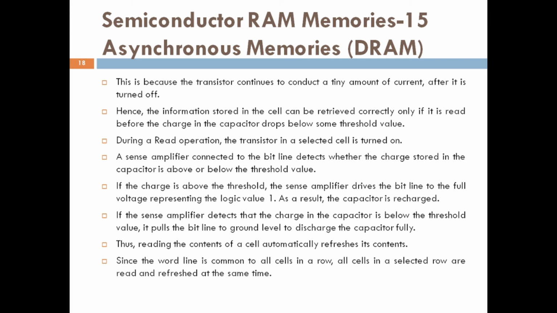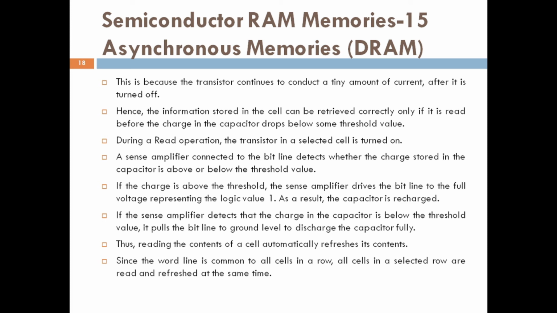During a read operation, the transistor in a selected cell is turned on and a sense amplifier connected to the bit line detects whether the charge stored on the capacitor is above the threshold value. If so, it drives the bit line to a full voltage that represents the logic value 1. This voltage recharges the capacitor to the full charge that corresponds to the logic value 1.